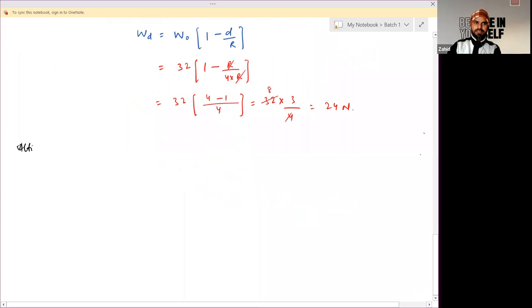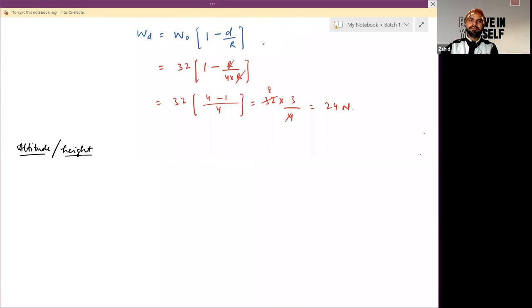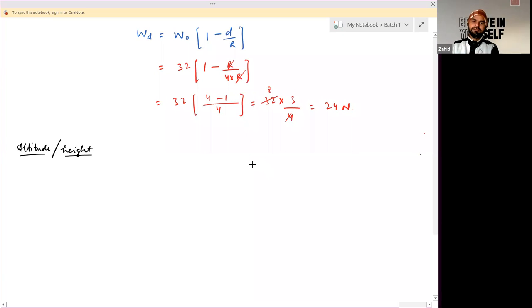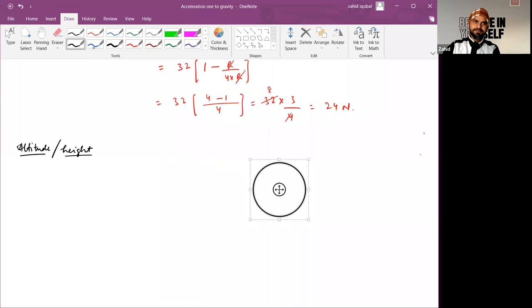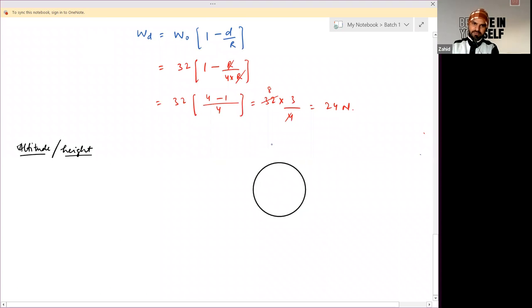Gravity due to altitude or height. This is Earth, and we have to calculate gravity at any height.